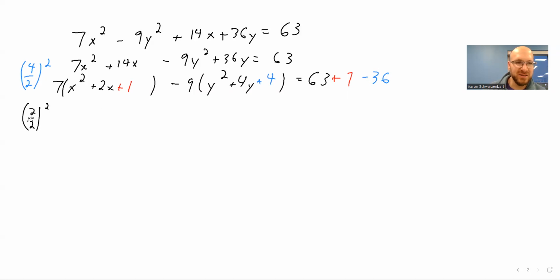Now, this is not going to add how I wanted it to. I'm going to change the number so that it adds to what I need it to. And you'll see why in a second.